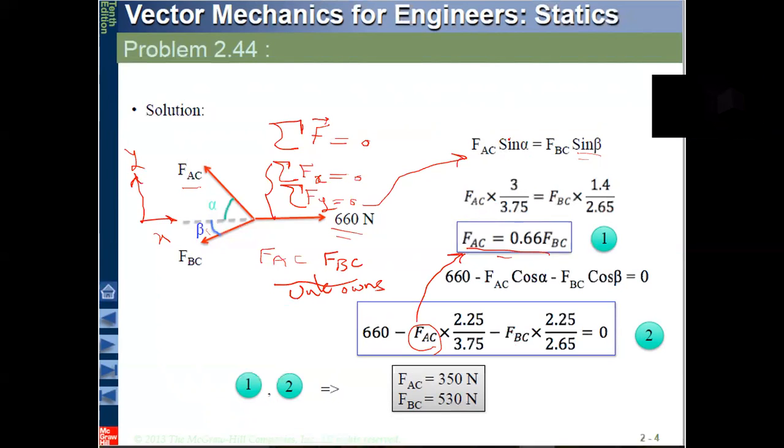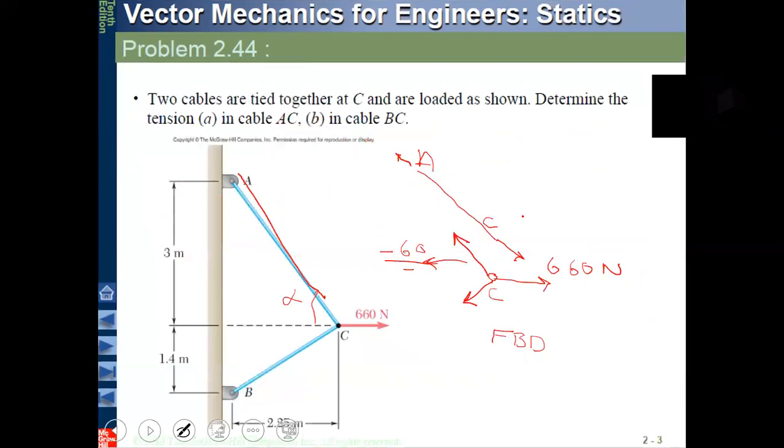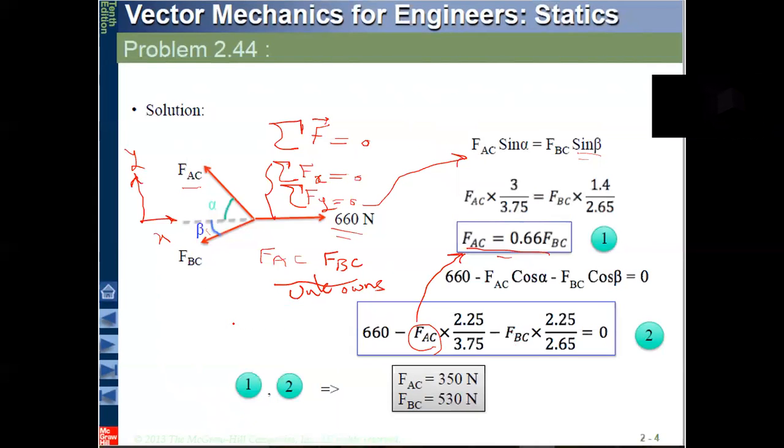Then you can derive sine of alpha and sine of beta by the geometry that is given in the problem. You have the opposite side magnitude and the adjacent side magnitude, so you can easily calculate sine of alpha and sine of beta, and derive at the end the equation which is a relationship between FAC and FBC.